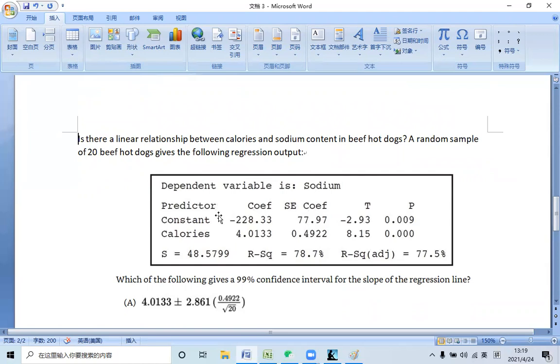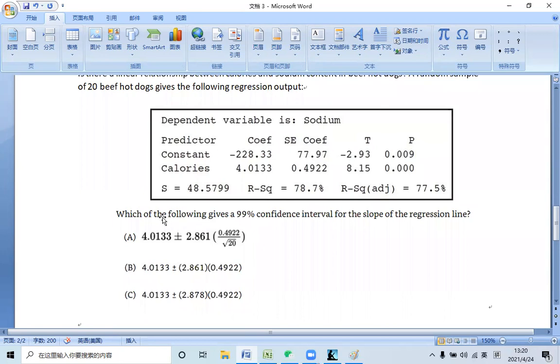You are trying to predict sodium from calories. Maybe the more calories this hot dog has, the more sodium it contains. Which of the following gives the 99% confidence interval for the slope of the line?